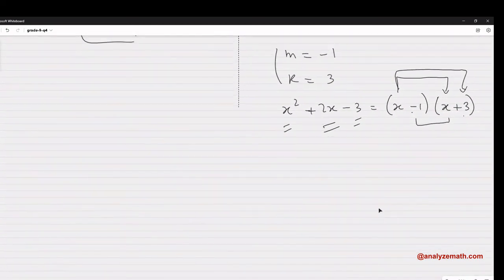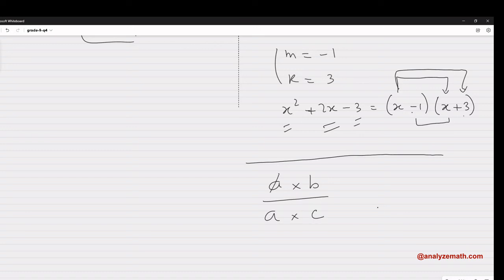Now, before I finish, I want to say something very important, one of the common mistakes students make. Remember that this can be simplified by dividing by a, because there is a product, there is a multiplication. If it is a sum or a difference or anything else, I cannot do this, because it cannot be proved mathematically.